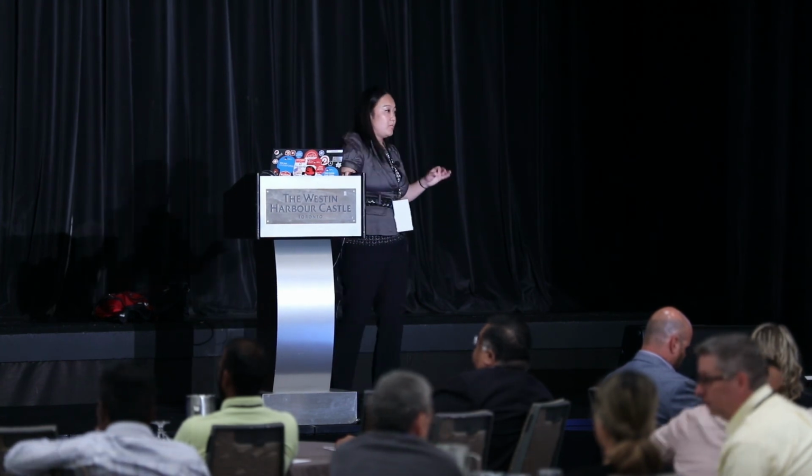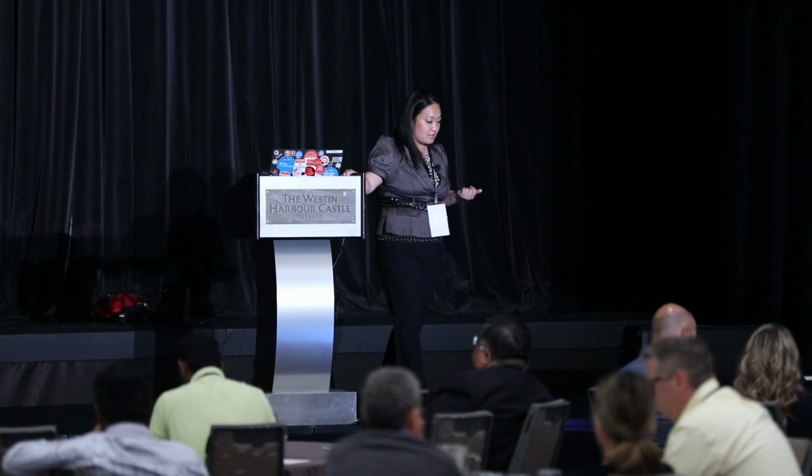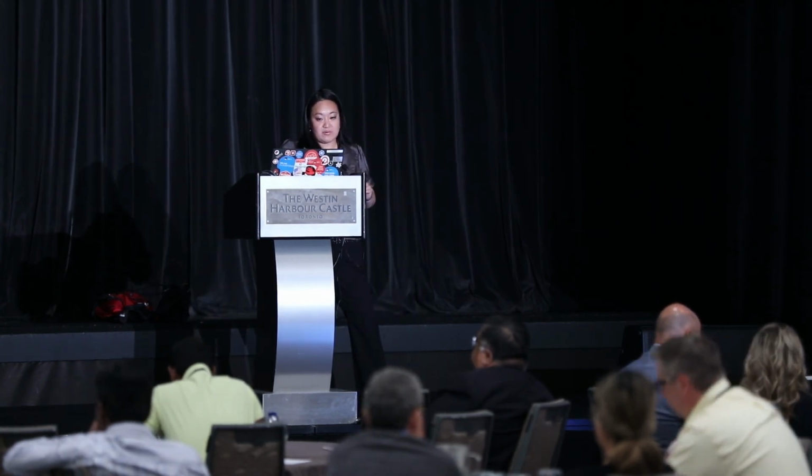So OpenShift brings all of this together. We give you the easy button in terms of enterprise Kubernetes, and also things like self-service and a service catalog. I'm sure you've heard more detail about this in some of the previous sessions.